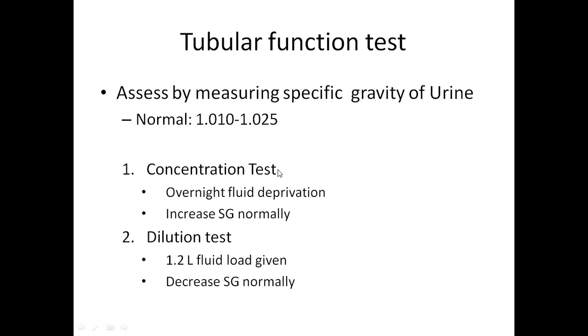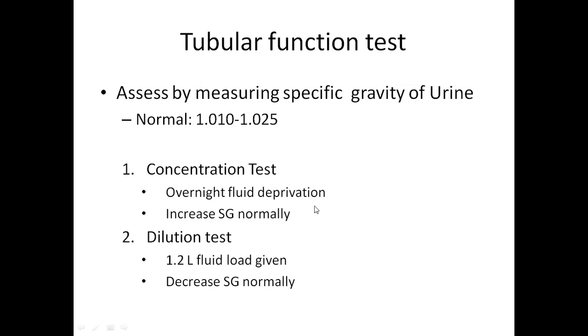Mainly two types of tests are used, the concentration test and the dilution test. In the concentration test, overnight fluid deprivation is done in the patient. In the morning, two samples with a 1 hour gap are collected.